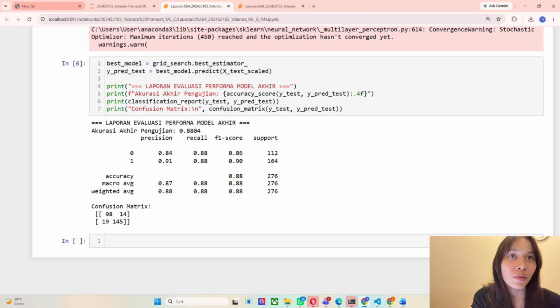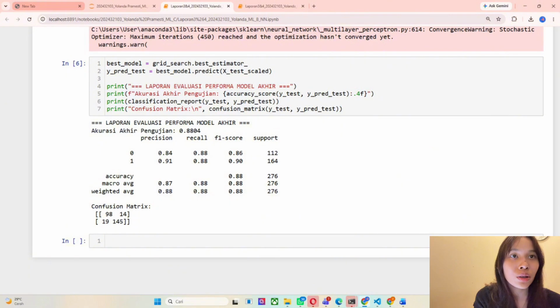Looking at the classification report, both class 0 and 1 yield highly balanced metrics. The precision for heart disease patients is 91% and the recall is 88%, giving an F1 score of 89%.